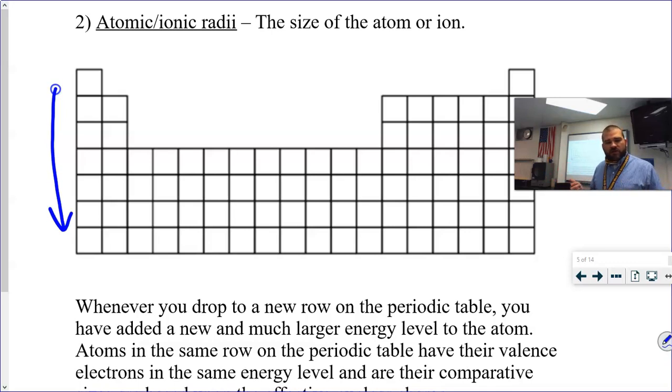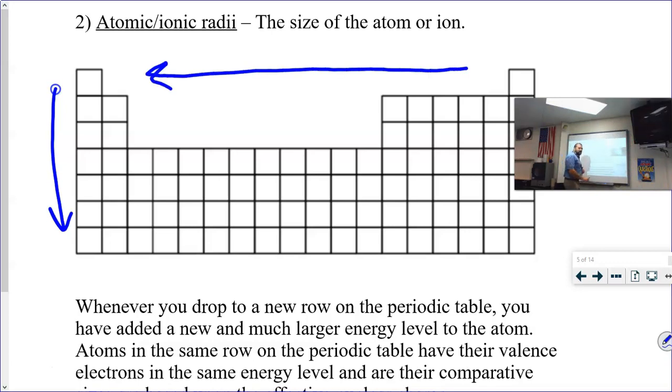Across a row, atoms are larger on the left-hand side of a row, and here is why. In the same row, the elements have the same orbitals or the same energy levels. So they're roughly the same size, more or less. But as we keep going across that row, we're adding extra protons to the nucleus.